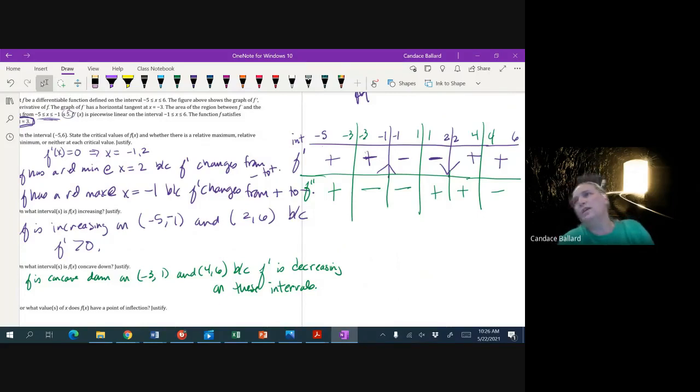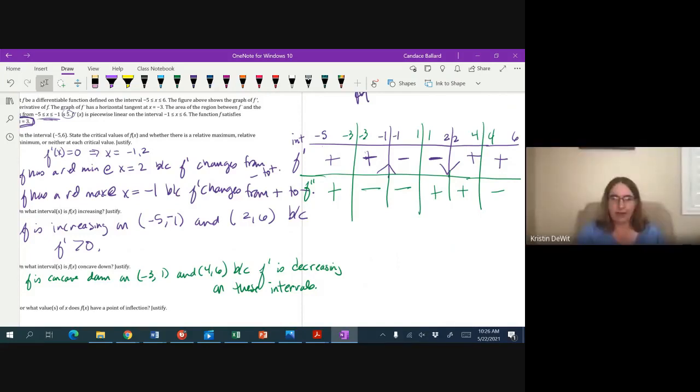Jenna, I would say, is that a double prime? Mrs. DeWitt, correct me if I'm wrong. They have to make a connection between the prime. They have to state something about F prime. Yeah, you should always refer back to the graph provided if possible. So in this particular case, because we have the F prime graph, we should say that since F prime is decreasing.